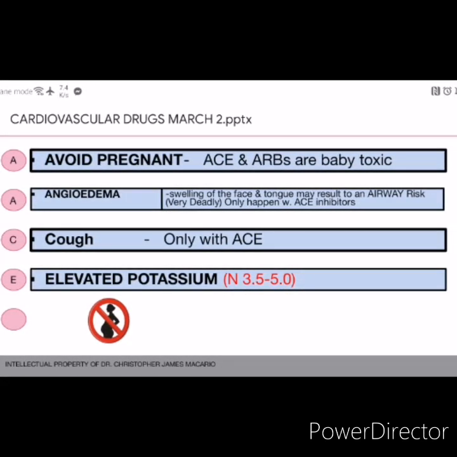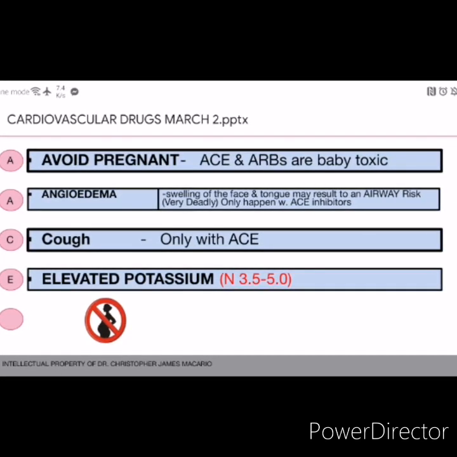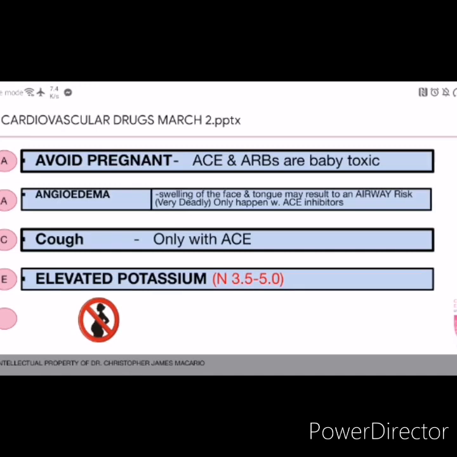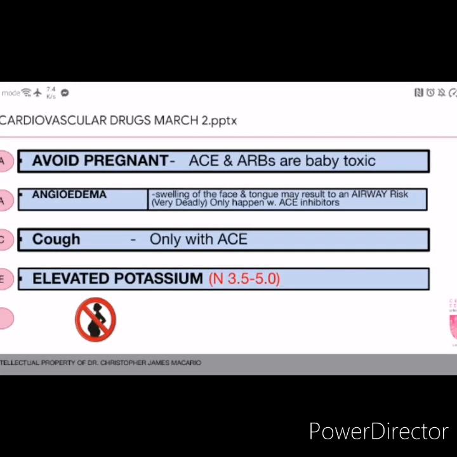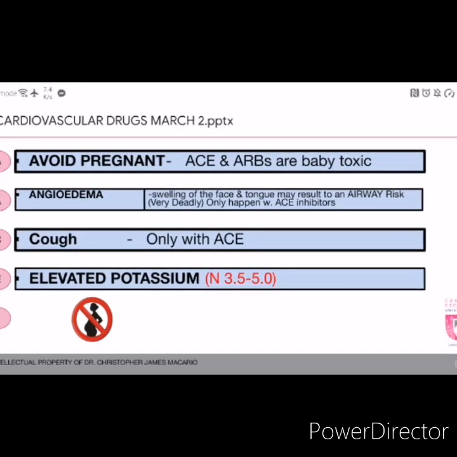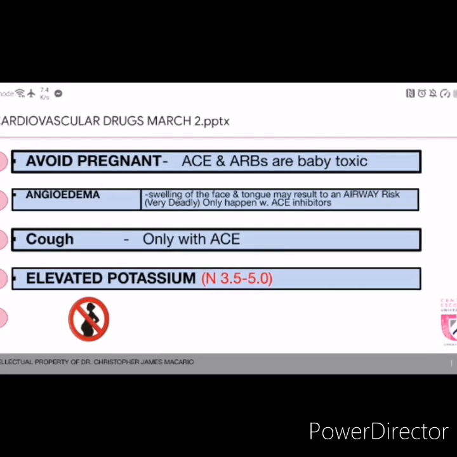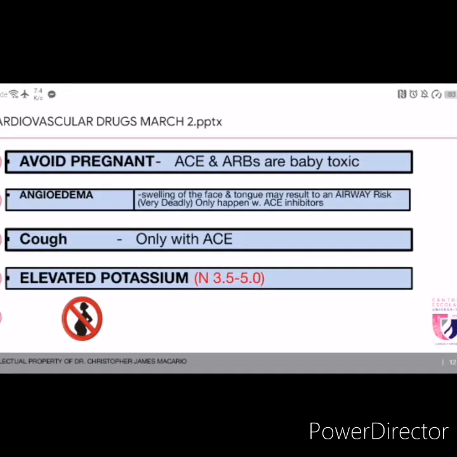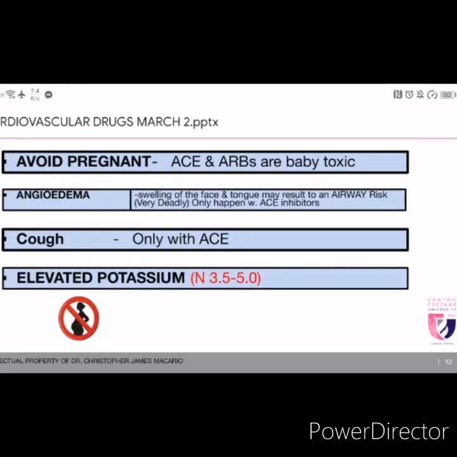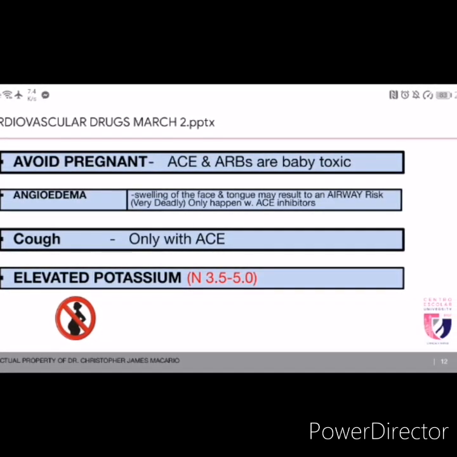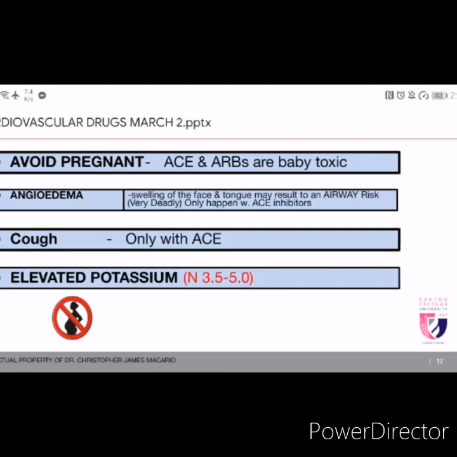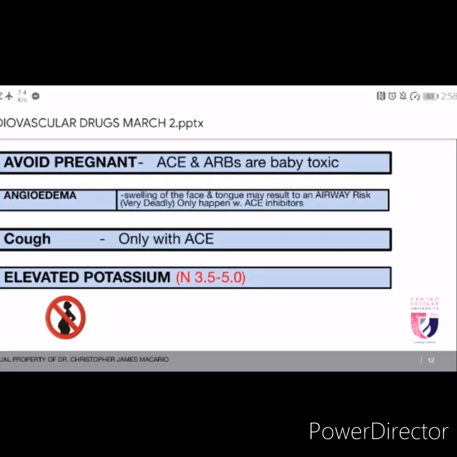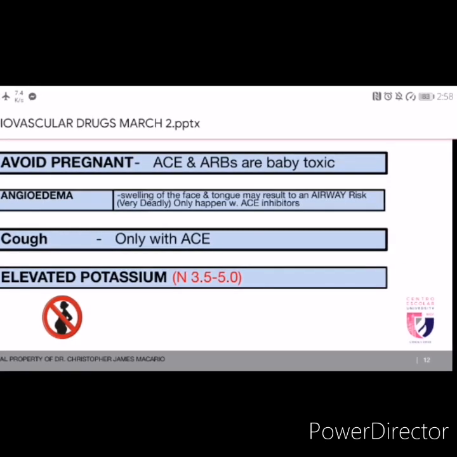Cough is normal, but it's only for ACE, and an elevated potassium. Bakit? Okay? Kasi nga, itong ACE and ARBs, yung potassium, they save it. And so, an elevated potassium means that merong hyperkalemia, or a potassium level of more than 5.0.